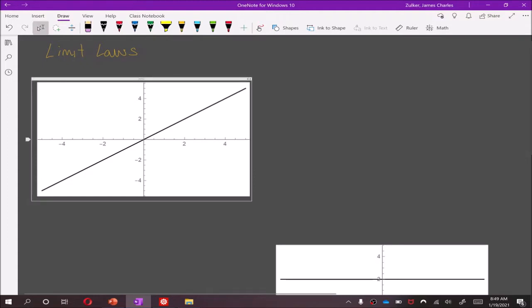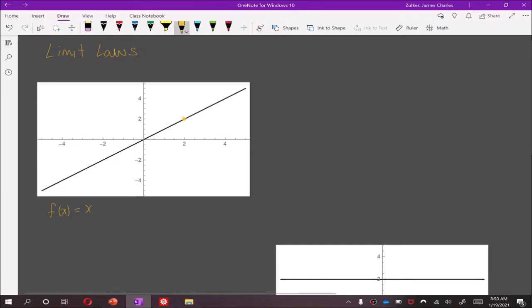So if we look at this graph right here, this is the graph of the identity function f of x is equal to x. No matter what value we're approaching, so let's say we want to approach the value 2, what is f approaching?